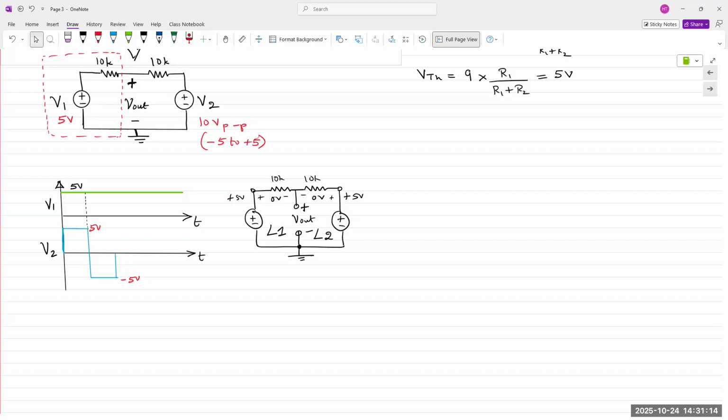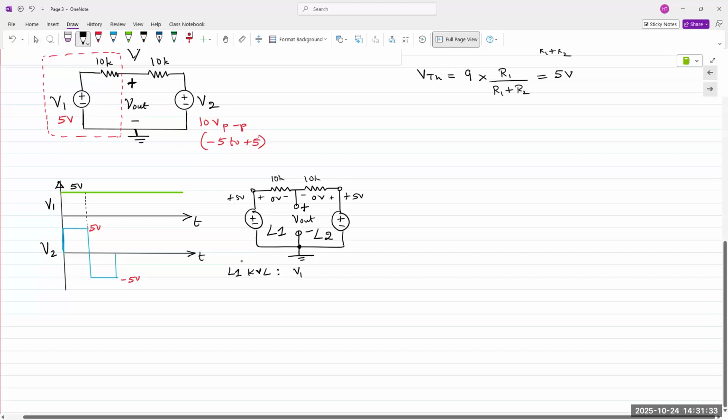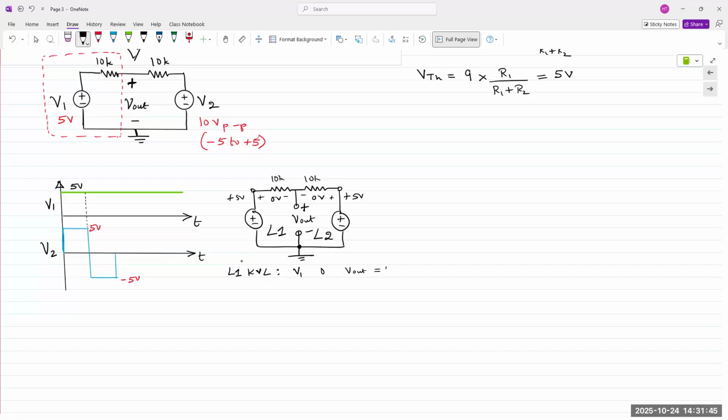Let me just write it out. Here, loop 1 KVL. What do I have? I have 3 voltages in loop 1. I have my voltage source V1, I have the 0 volts from the resistor, and I have V out. They should all sum to 0 volts.